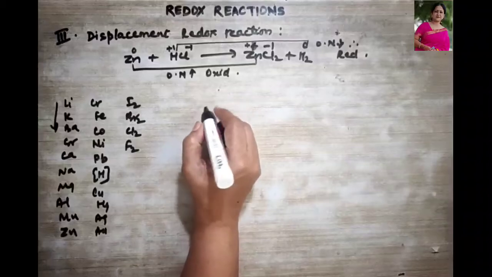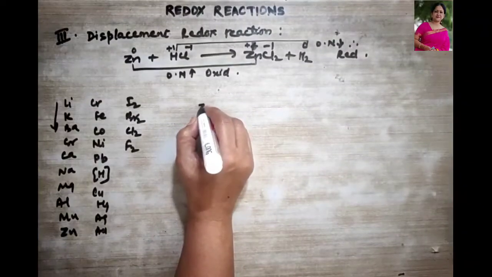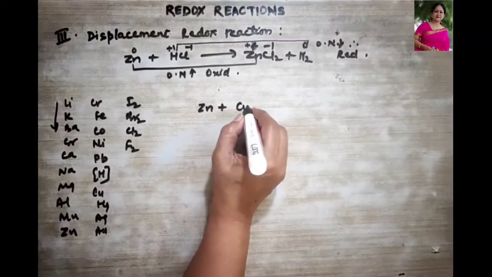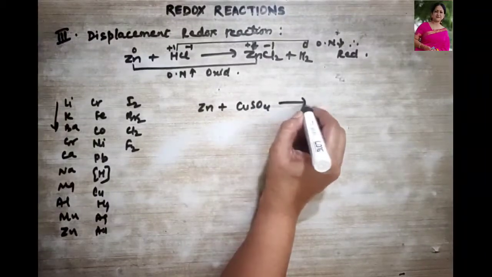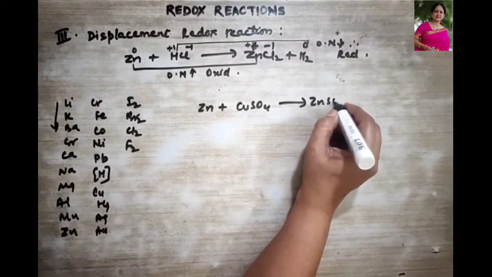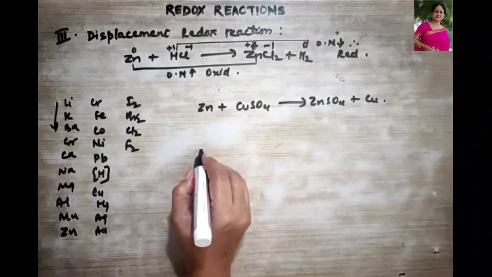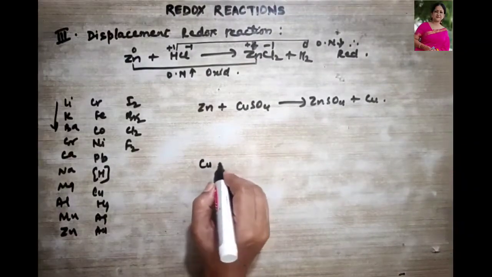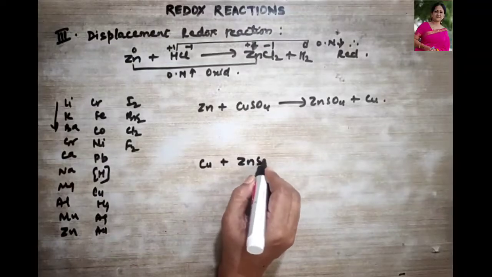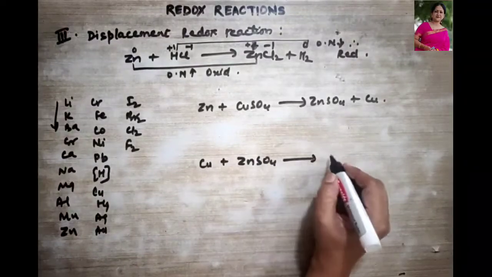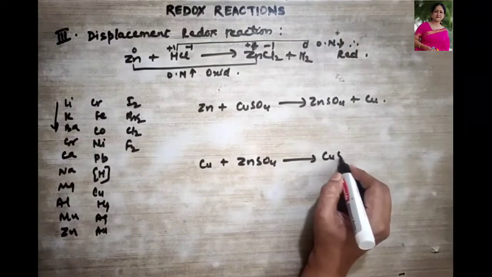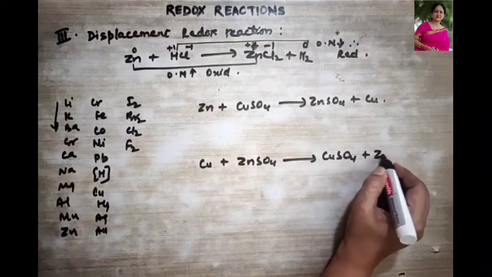Okay. So now let us take some examples to understand. Let's talk about one reaction which is very common. Zinc plus copper sulfate gives zinc sulfate plus copper. And in reverse, copper plus zinc sulfate gives copper sulfate plus zinc.